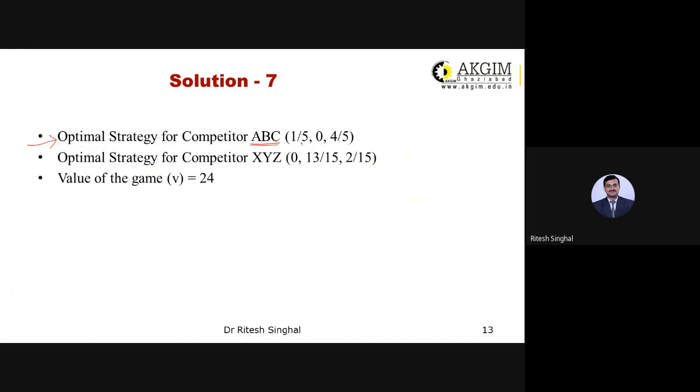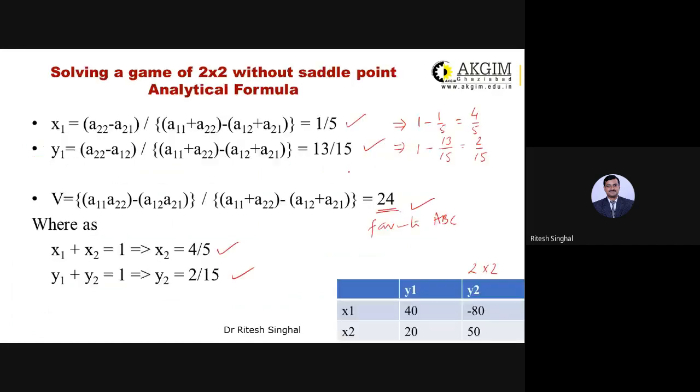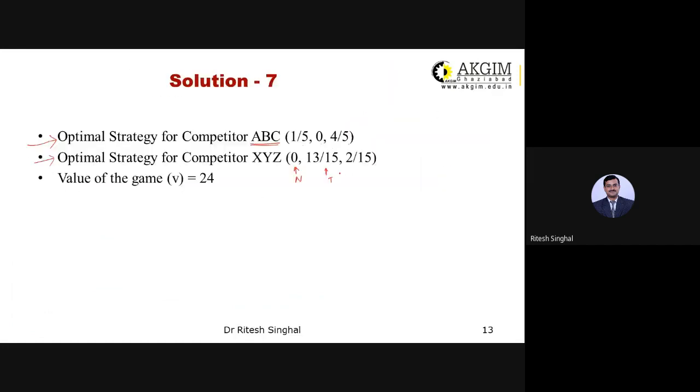So 1 by 5, 0, and 4 by 5 for competitor XYZ. 0 is written for newspaper and television, sorry, radio and television. So this is nothing but the probability that out of 15 times, 13 times he should select the strategy for radio, and the remaining 2 times select the strategy for television.